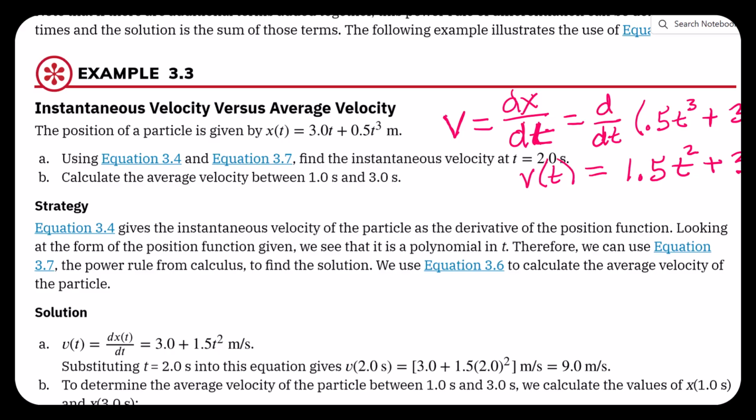Now, whenever it's asking for the average velocity, it's not asking you to plug in velocity values and then average them. It's basically saying, given those two positions, what's the average time it took to get there? That's very annoying, but maybe it makes sense, because remember, this is the definition of instantaneous.